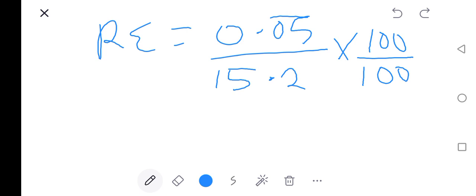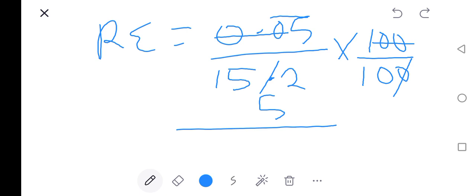Same numbers at the bottom. So you just cancel this 0, cancel this 0. 1 times 5 just gives you 5. Here you just cancel the decimal. So now multiply 52 times 10 to give you 520.